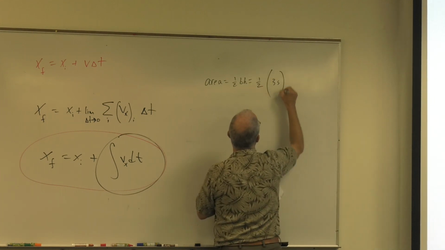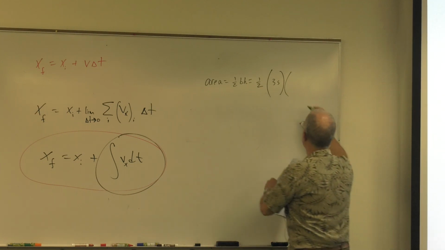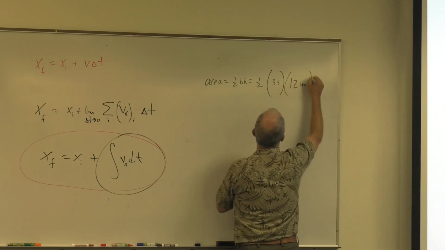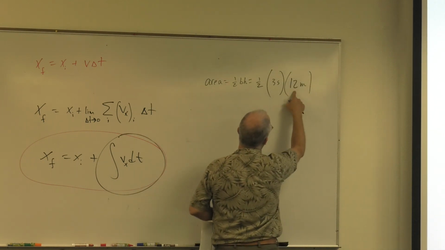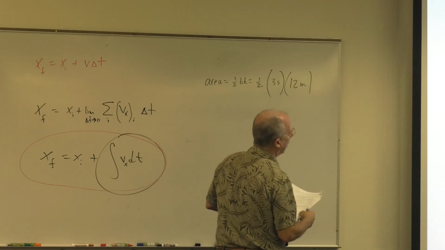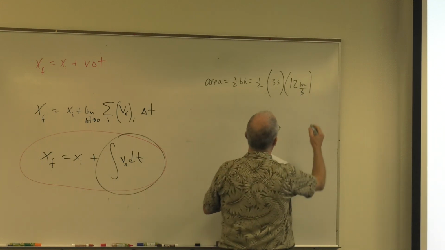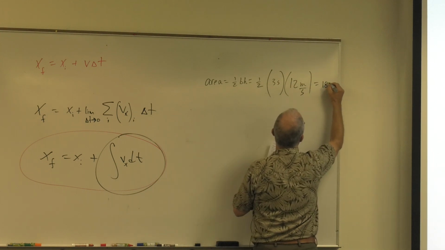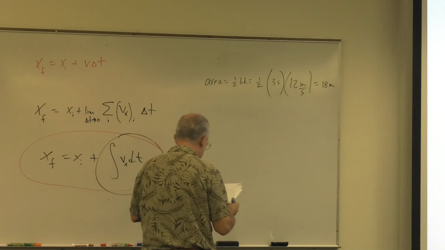The height is 12 meters per second. So 2 goes into 12, 6. 6 times 3 is 18. So we have 18 meters, because seconds kills the seconds. That's the first way.